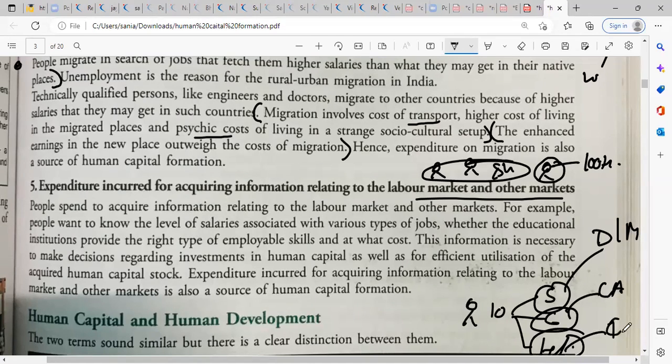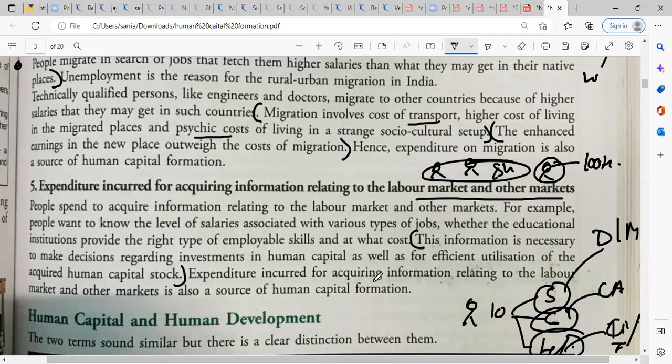Because maybe you want to become a civil servant or IAS and IPS officers, right? And why are you choosing these streams? Because you are aware of your job and how much salary you will get, right? So why is this information important? This information is necessary to make decisions regarding investment in human capital as well as for the efficient utilization of acquired human stock. Clear?